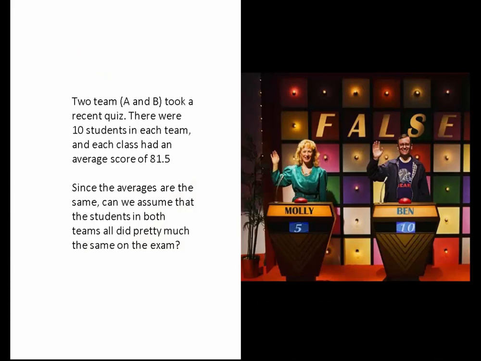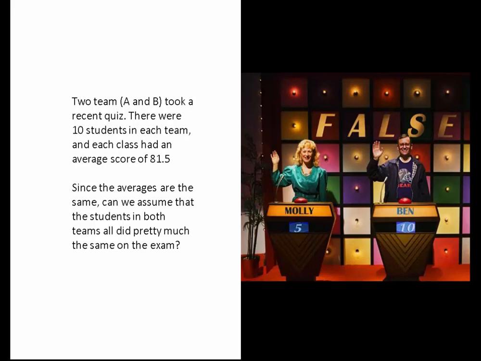Maybe it helps to give you an example. Let's say we had two groups, two teams. I could have split the lecture theater into group A and group B, and people answer some questions in a quiz. For both groups, I get an average score of 81.5. You'll see in a second where this is going.